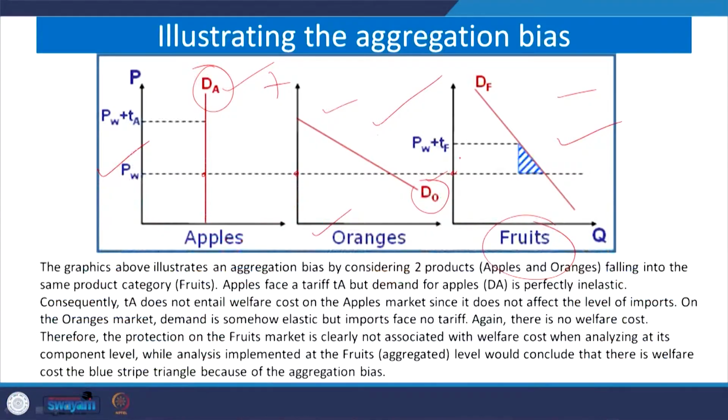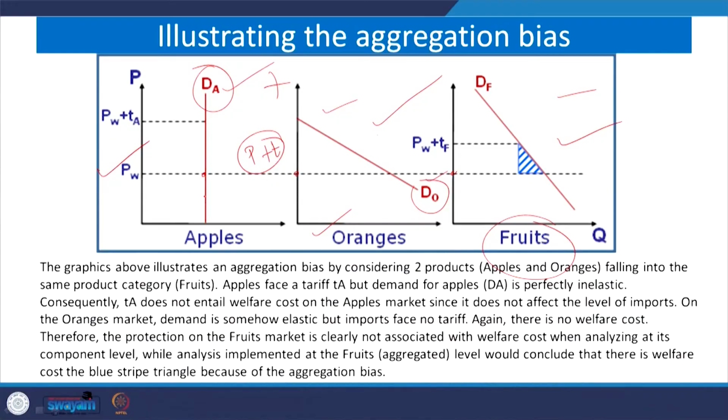If a tariff is applied in the apple market only, not on the orange market, because the apple market exhibits completely inelastic demand, whereas the orange market is elastic, imposing a tariff on oranges is generally not suggested.